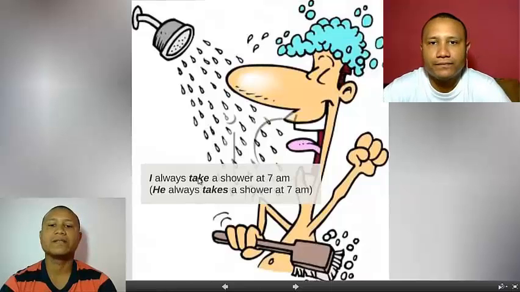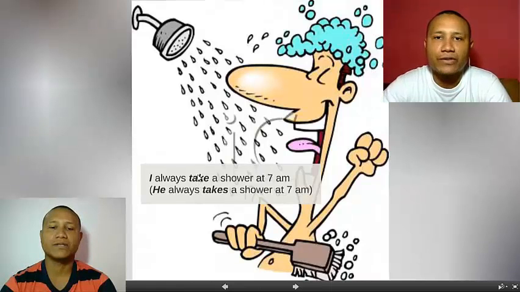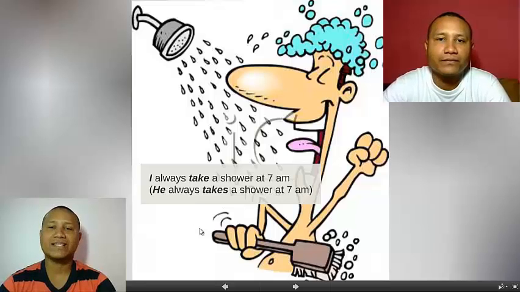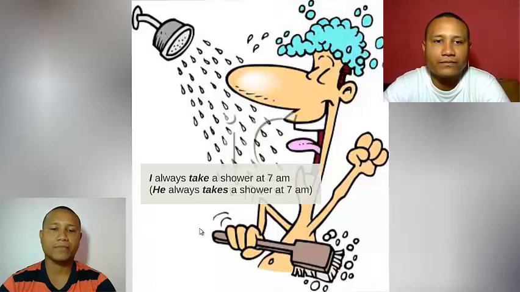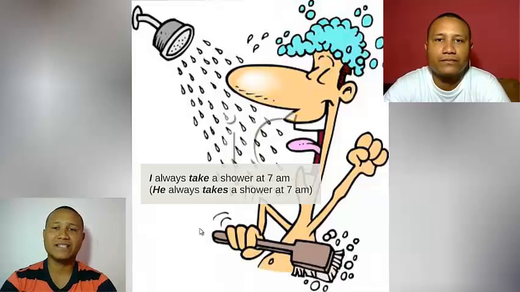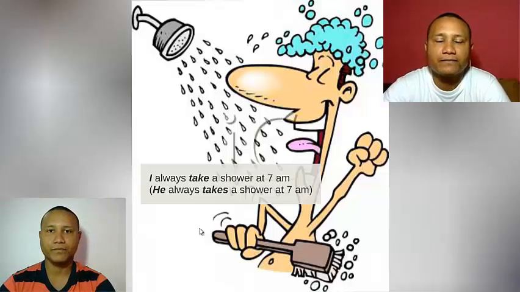Okay, repeat. Take a shower. Takes a shower. I always take a shower at 7 a.m. He always takes a shower at 7 a.m. Question. Does he take a shower at 7 a.m.? Yes, he does.